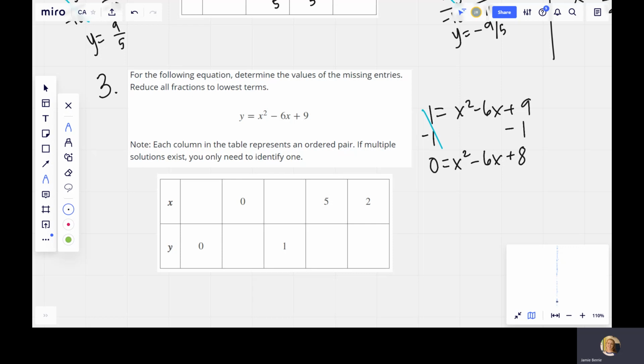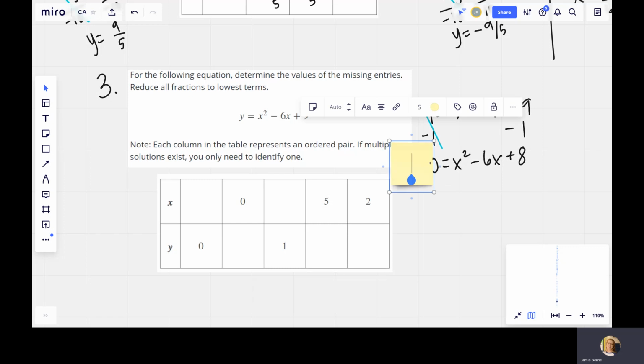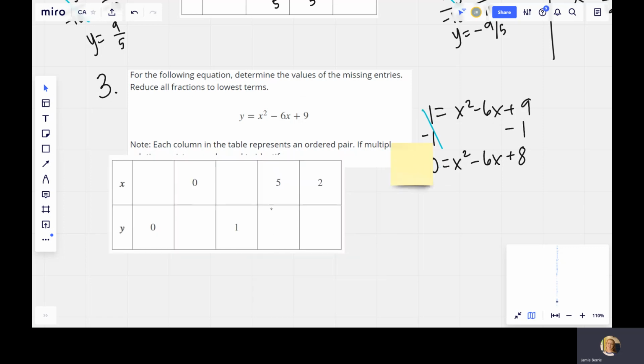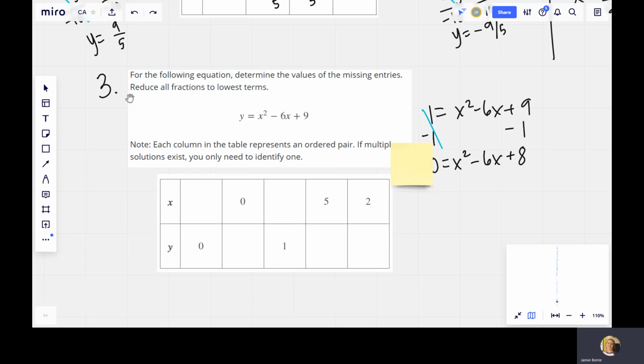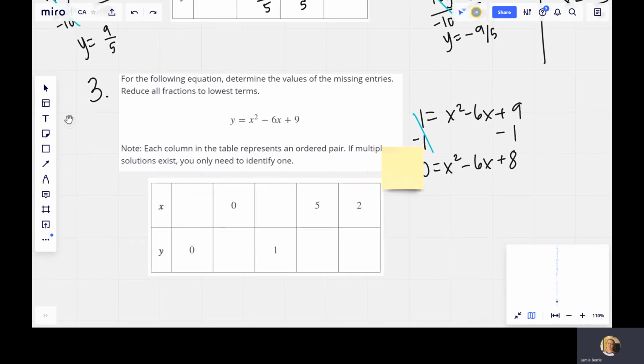And now, let's just take a little sticky note here, and we're just going to cover this up. All right, so we're just looking at just this right-hand side.